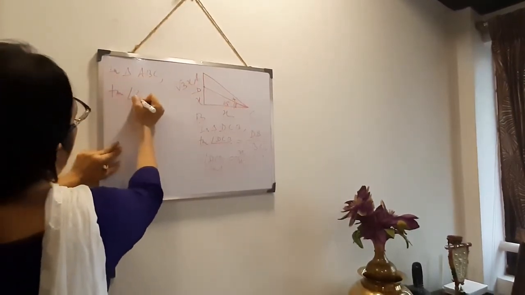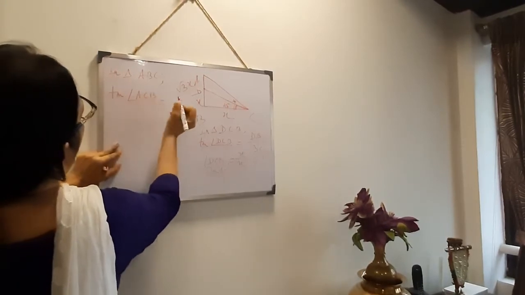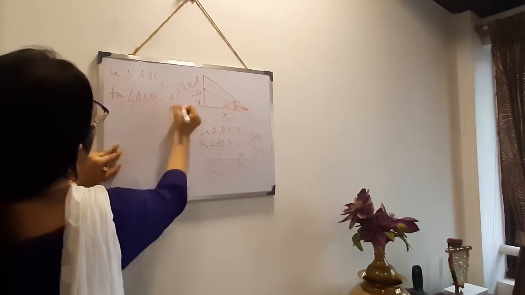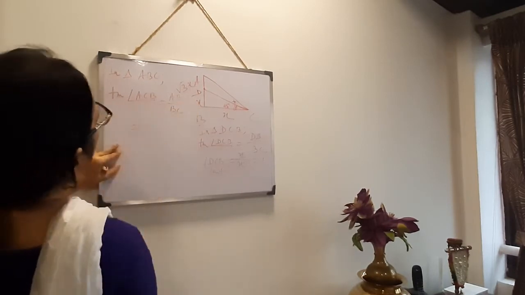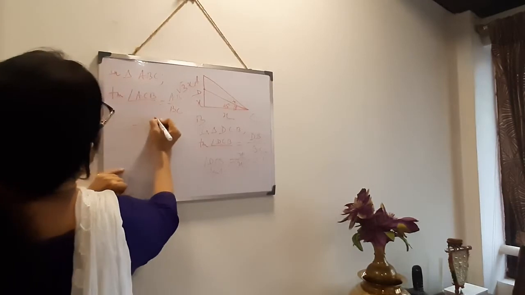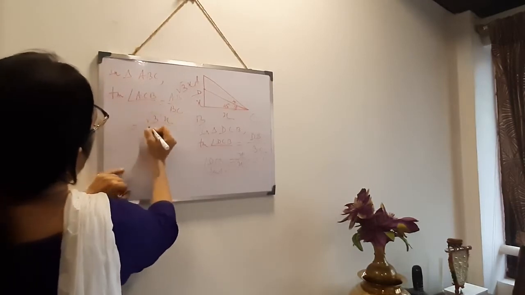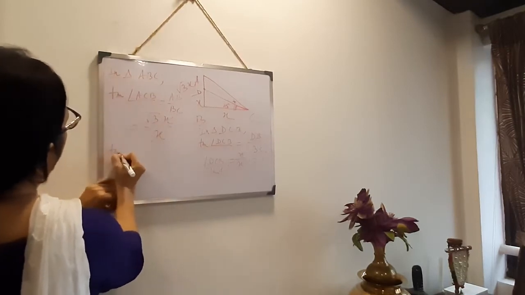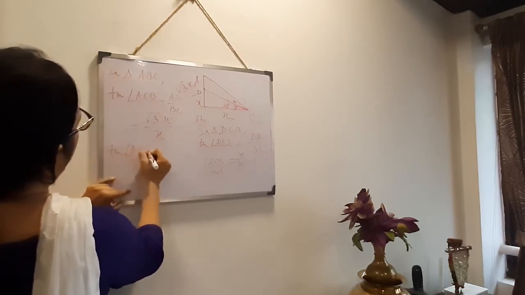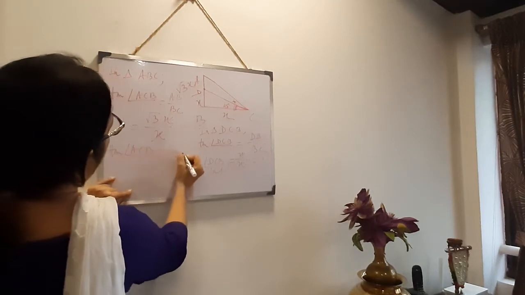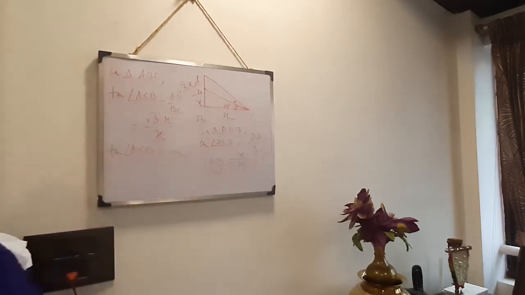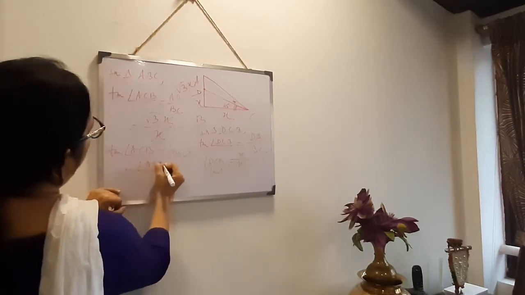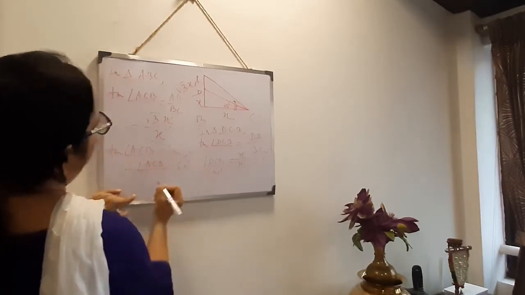Tan angle ACB equals to perpendicular by base. Perpendicular means AB. AB is root over 3x and BC is x. So it is cancelling. So it is becoming tan of ACB root over 3 means tan of 60 degree. Clear? Therefore, angle ACB we have got 60 degree.